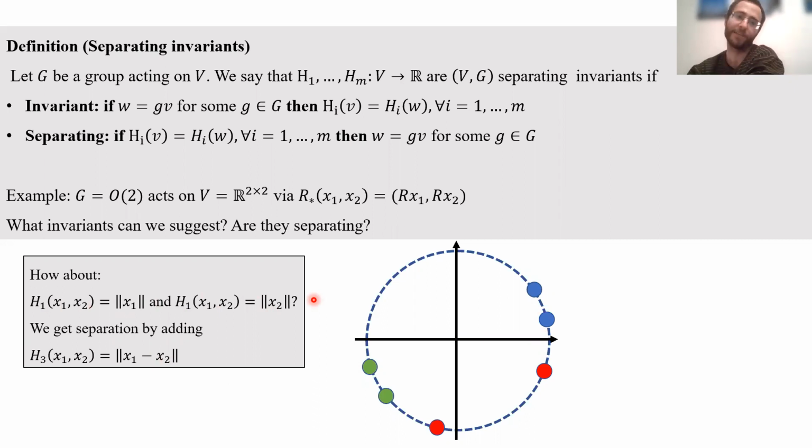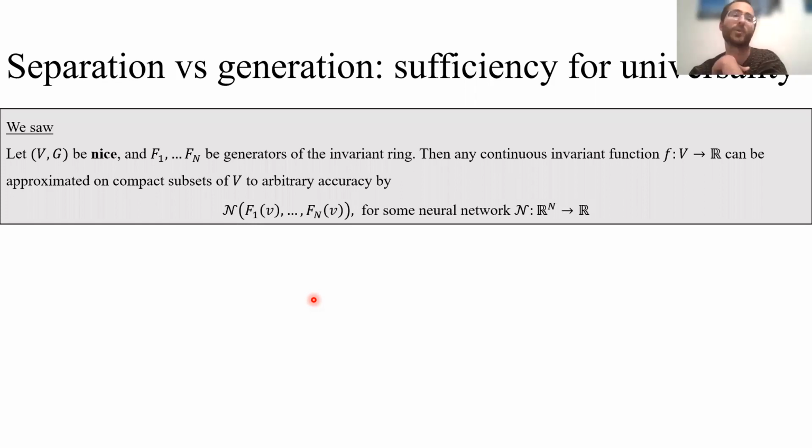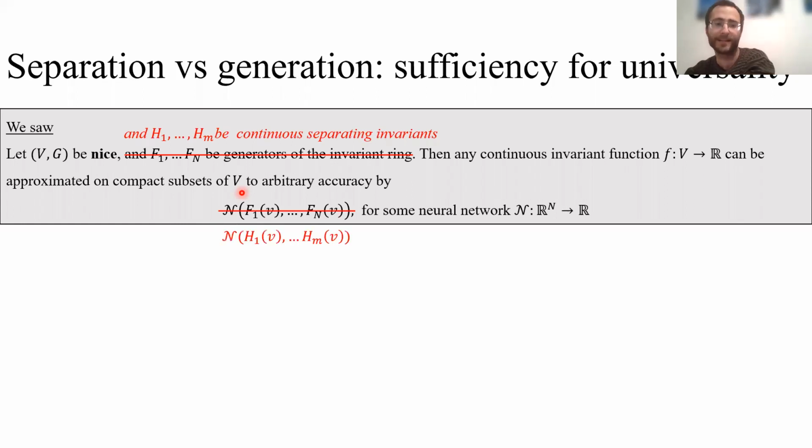Okay, so we have separating invariants, we have separating versus generating. We're trying to say that, at the end of the day, separation is what we need. If we go back to our argument before, where we said we can approximate any continuous invariant function using compositions of neural networks with the generators, then what we really need, and happens to be true, is that if you replace the generators with continuous separating invariants, then you have the exact same characterization.